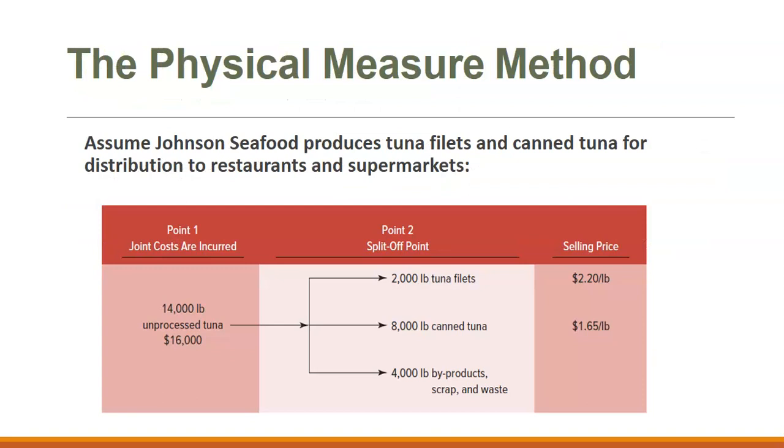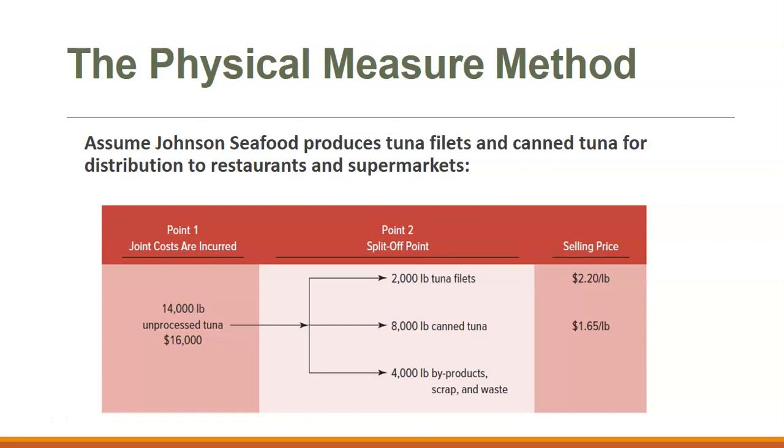So looking at this example, we have seafood products that can become tuna fillets or canned tuna from unprocessed tuna. In point one, we have this unprocessed tuna. Then we need to make a decision about how much we turn into fillets, how much we produce as canned tuna, and how much becomes byproduct scrap and waste.